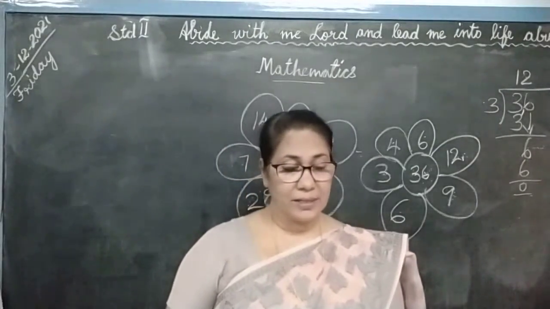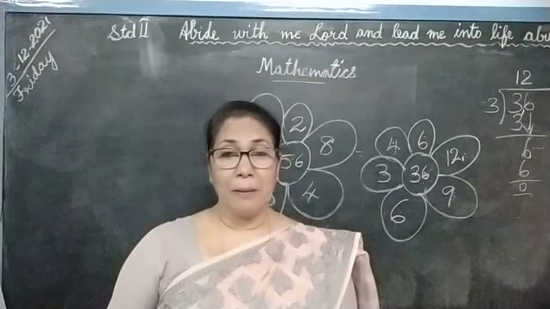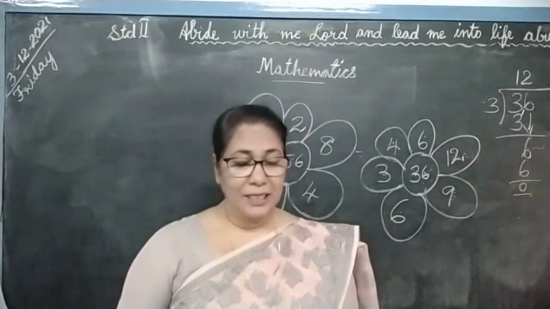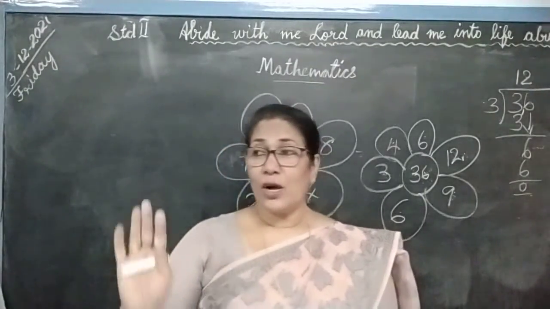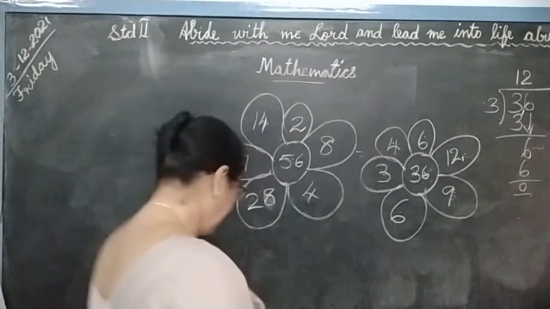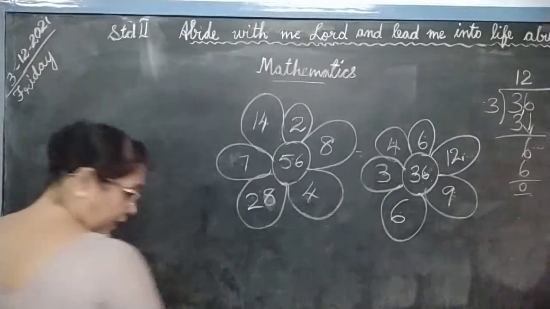Answer the following questions. The cost of a chart paper. You know what is chart paper? Yes. The cost of a chart paper is rupees 10. Okay. Now let me write this.